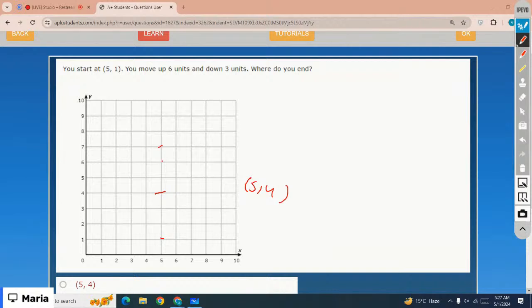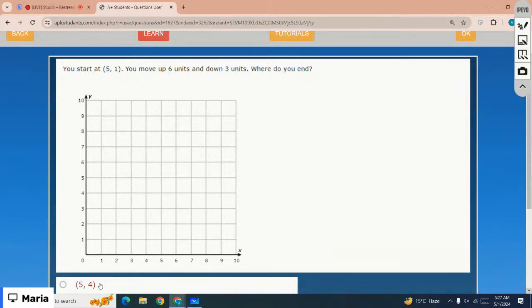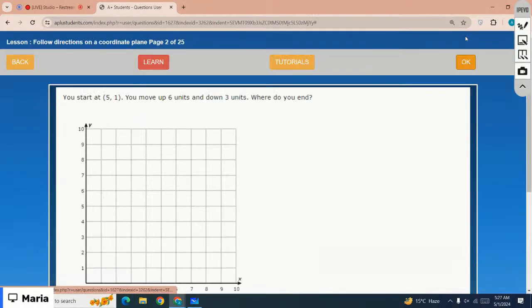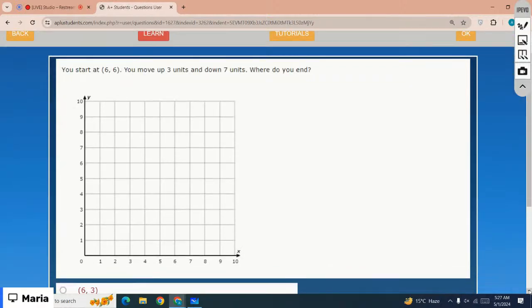The correct option is 5, 4. Option number 1 is the correct option. You start at 6, 6. You move up 3 units and down 7 units. Where do you end? Which is the correct option?